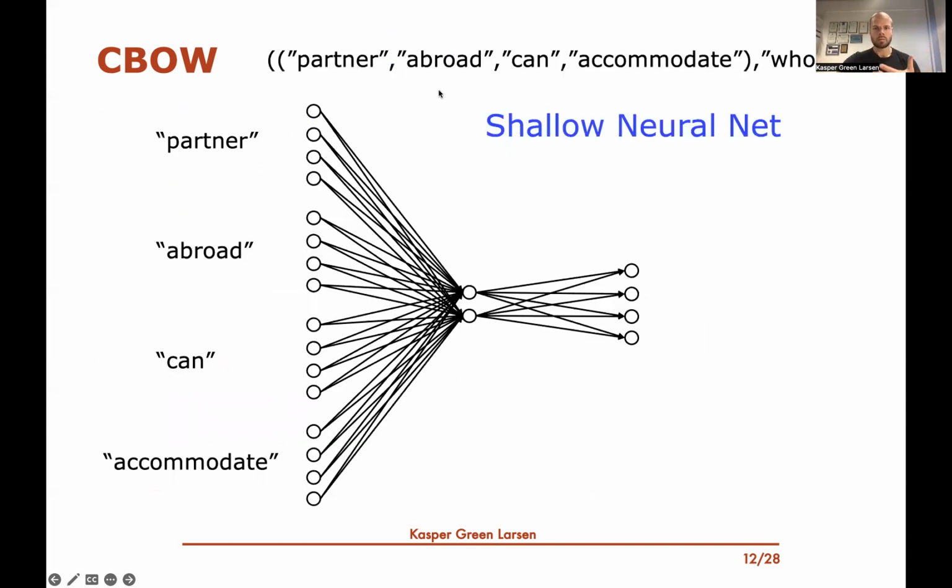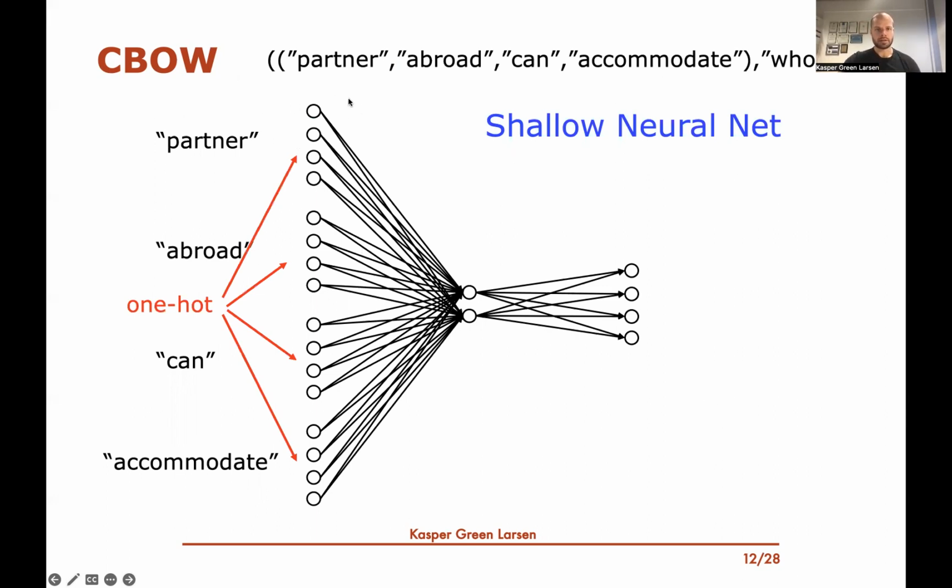So now what we're going to do in this continuous bag of words is that we will have a shallow neural network. Okay, so we're going to have a network where on the left, we're going to feed in the context window. So these are the features that are supposed to be used to predict the label being who in this example. Okay, so this comes in on the left, and we're just going to one-hot encode all of them.